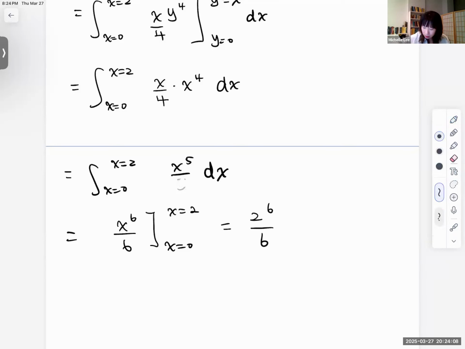Good thing I found out right now. So it's a 4 there, right? So x to the fifth power over 4 and x to the sixth power over 4 times 5 then? Is it 5?